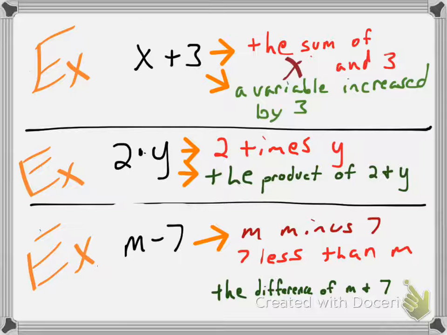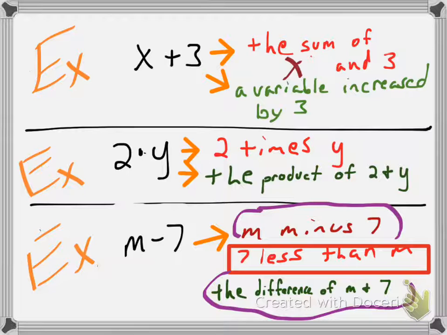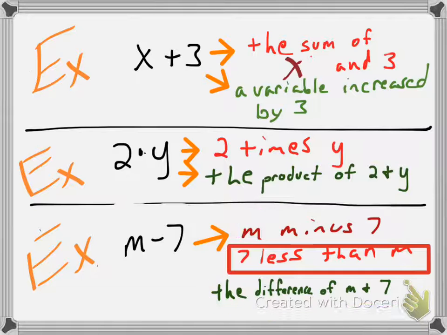And then next example is m minus 7. And here's the one that everybody gets confused on right here. 7 less than m. You see how it's backwards? Now you see how this one right here is m minus 7, and then the difference of m and 7, both have m first. Well, when you do this one right here, it's backwards because you're saying 7 less than m.